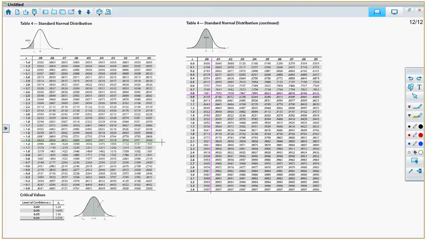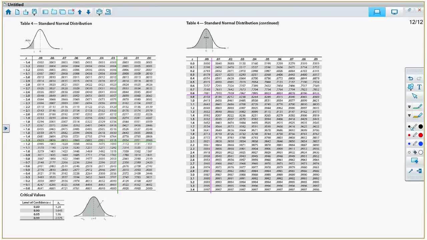And then what's 1.33? 1.30 plus 3 hundredths. There you go. Oh, because it's 0.33. Okay. So that's 0.0918. So write those two things down.